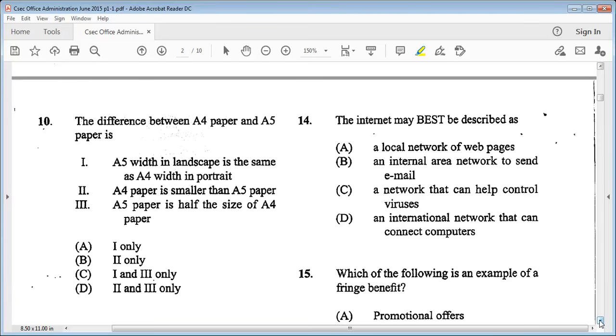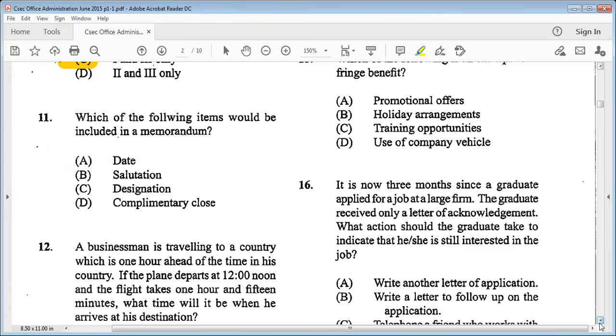Is it A, 1 only, B, 2 only, C, 1 and 3 only, or D, 2 and 3 only? We know that our answer is C, 1 and 3 only. Let's go on to question number 11.